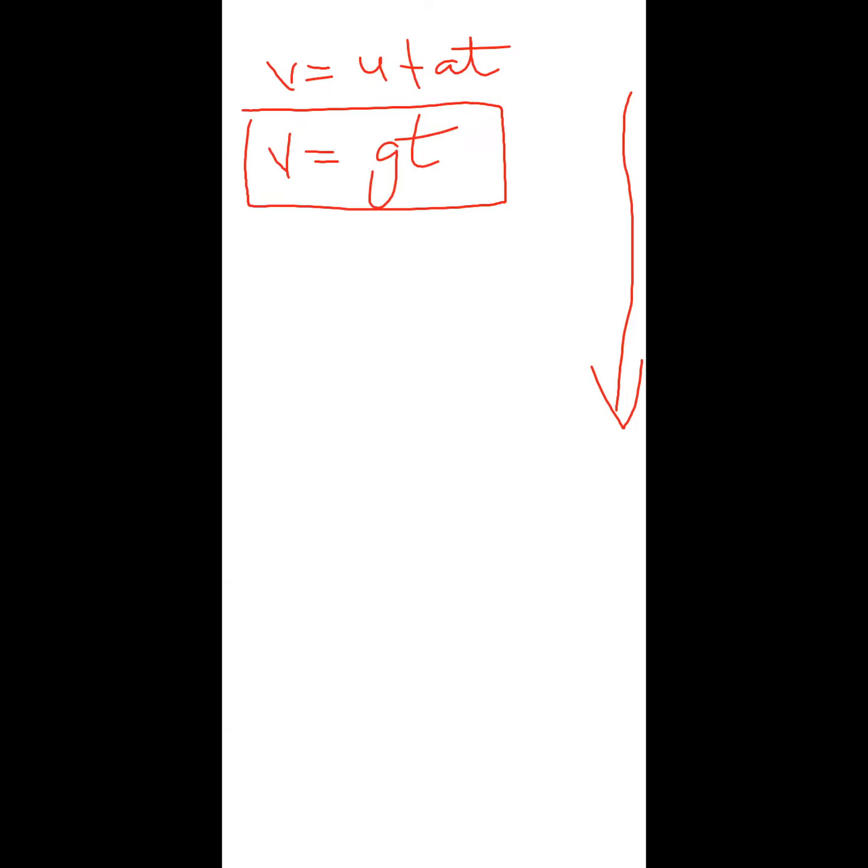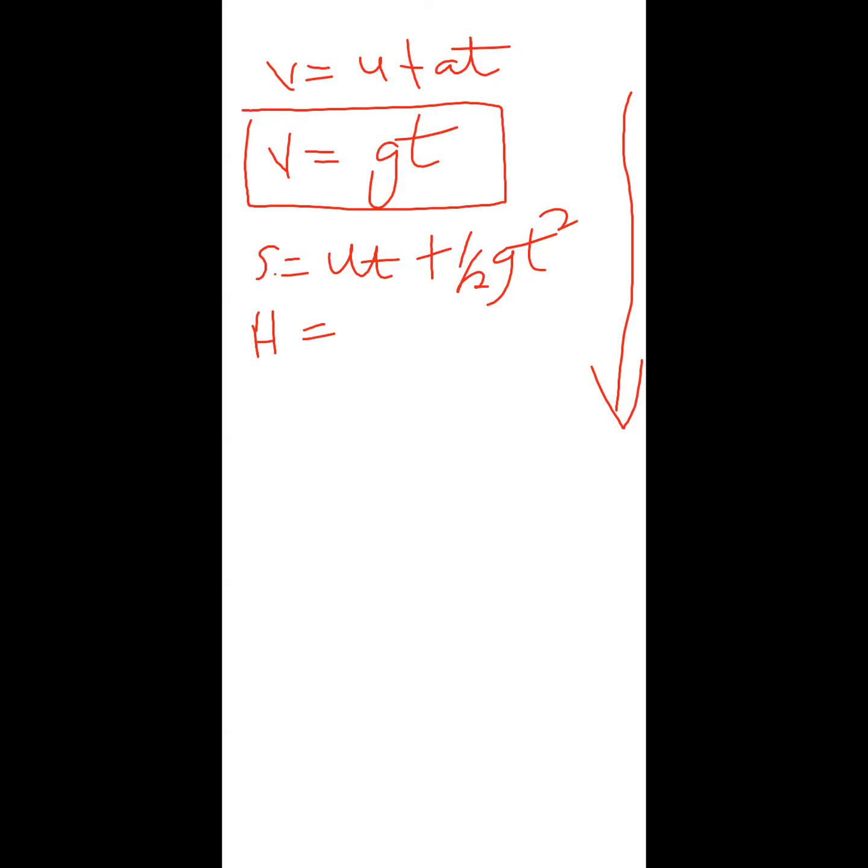That is one. Then second one, if I have S is equal to UT plus half GT squared, your S, which is distance, will turn to height. Since you are dropping it from a height, your initial velocity is 0.